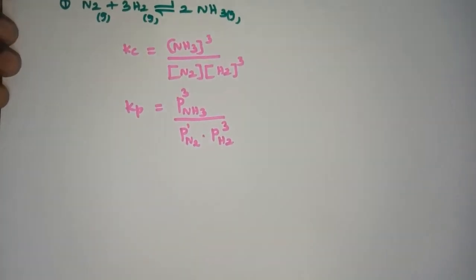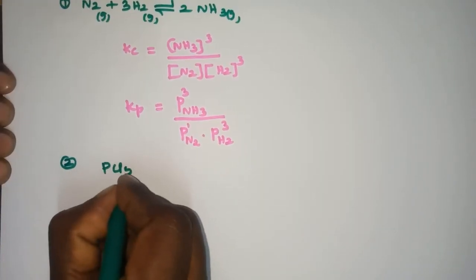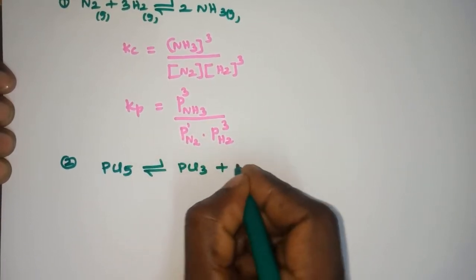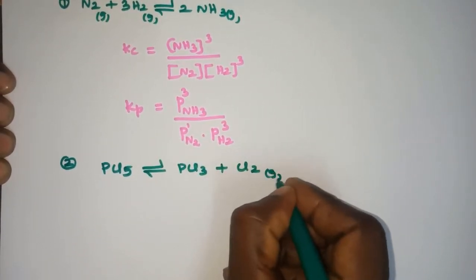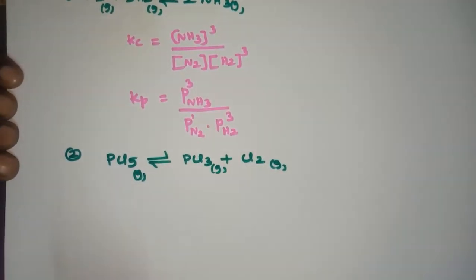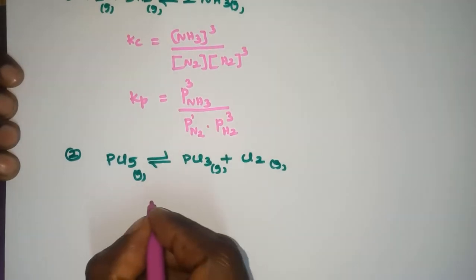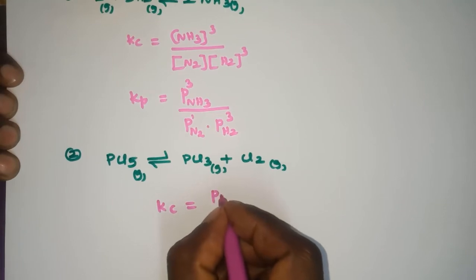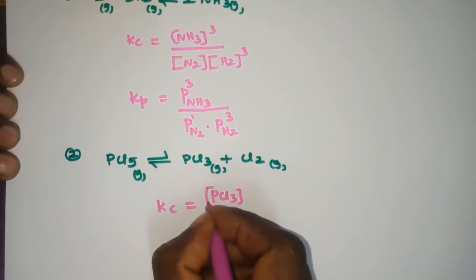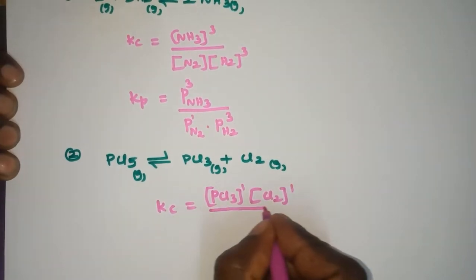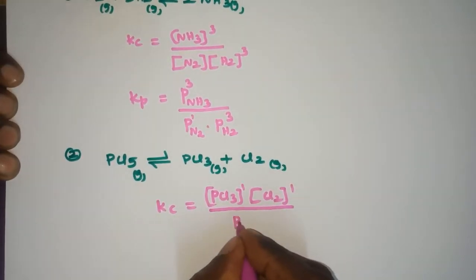Next example, PCl5 decomposes into PCl3, phosphorus trichloride, and chlorine. Kc is an equilibrium constant based on the concentration. Kc equal to active masses of the product, PCl3 power 1 into Cl2 power 1, divided by active masses of the reactant PCl5 power 1.